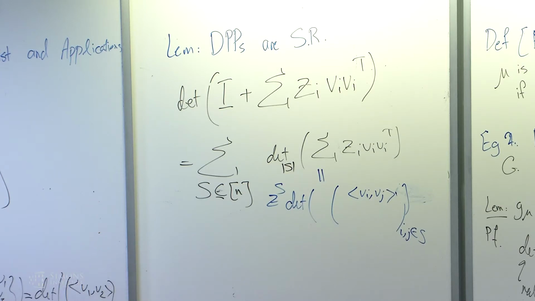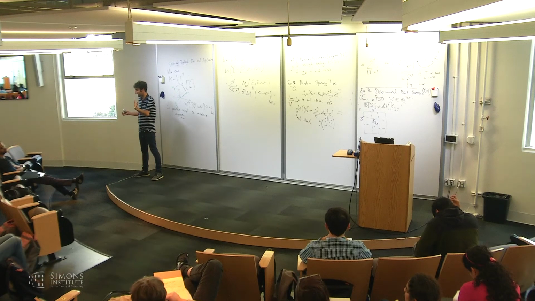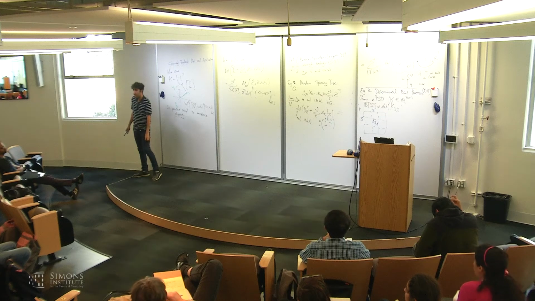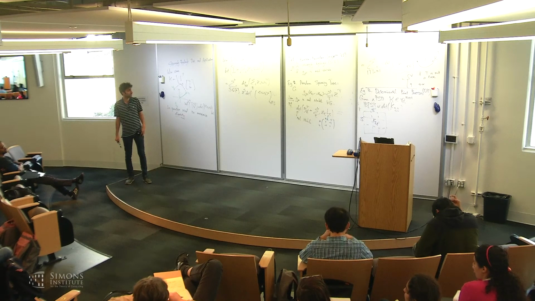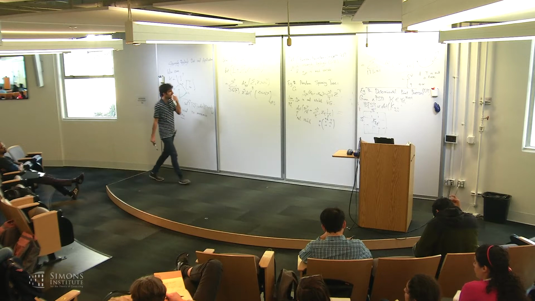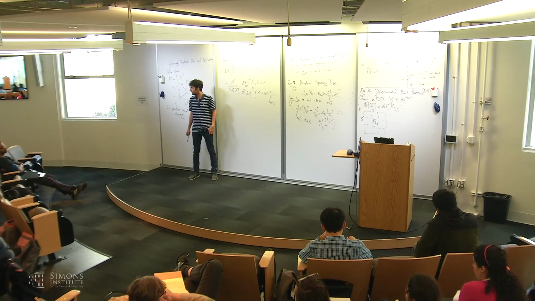So if I fix k vectors and a minor, it will appear only once. The z to the S remembers the subset, yes, the monomial.